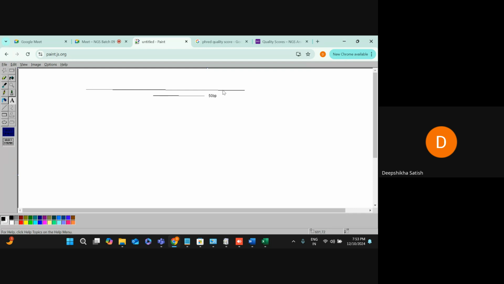It is aligned on this reference genome and it has 50 base pairs. So the CIGAR string will tell you how the bases from the read are aligned to your reference genome.